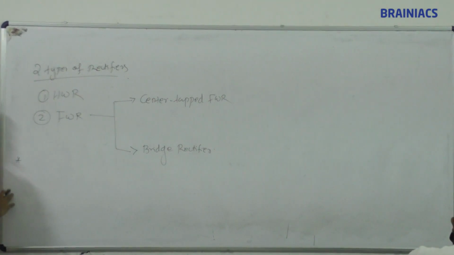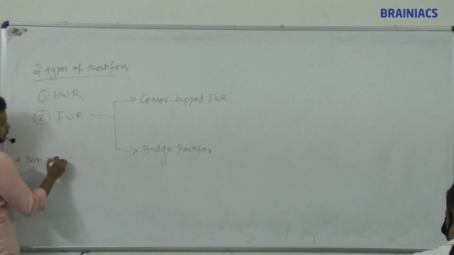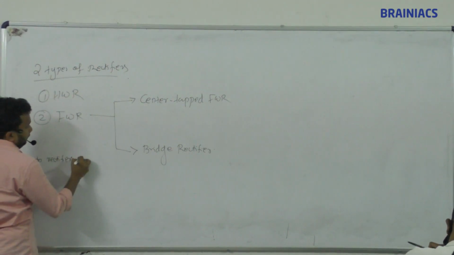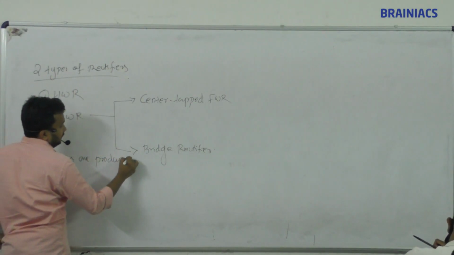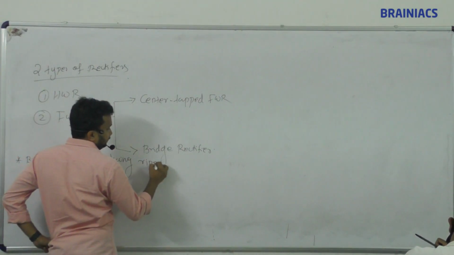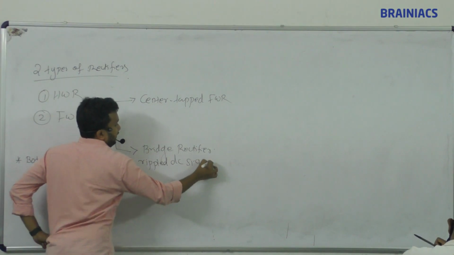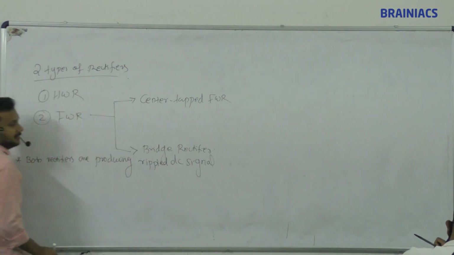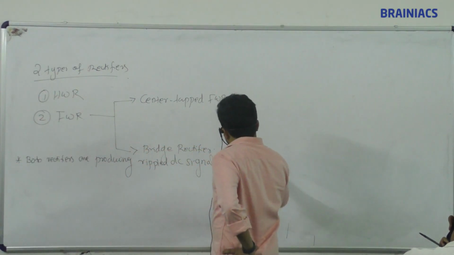Next, an additional point. Both rectifiers are producing rippled DC signal. What is called a rippled DC signal? This is called rippled DC.